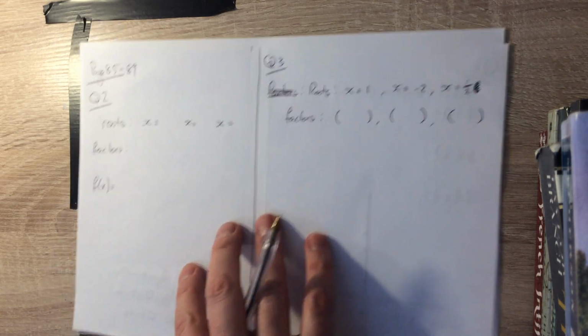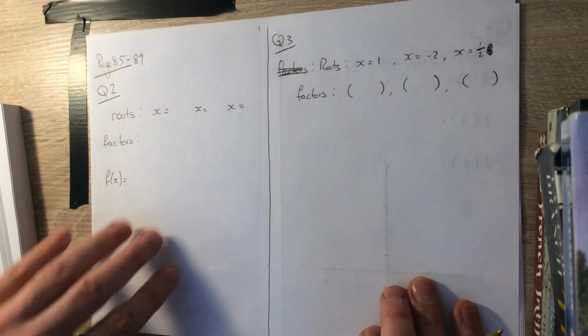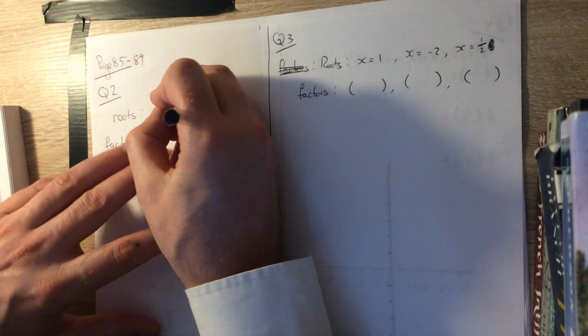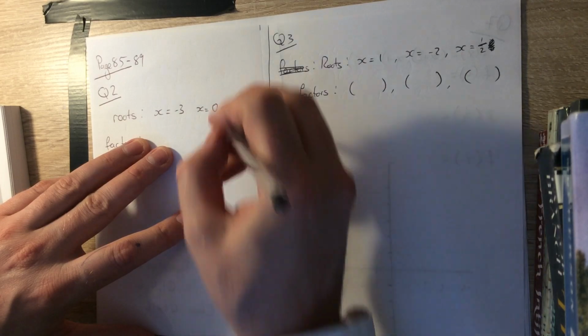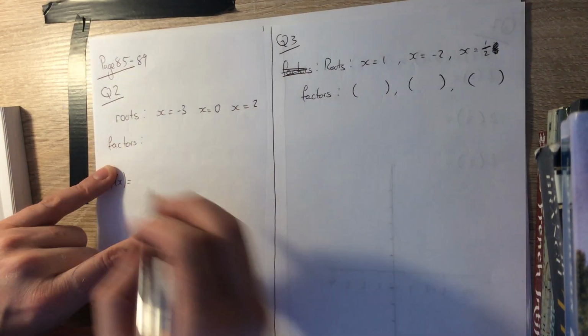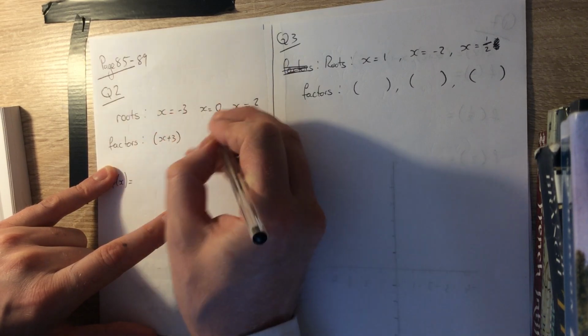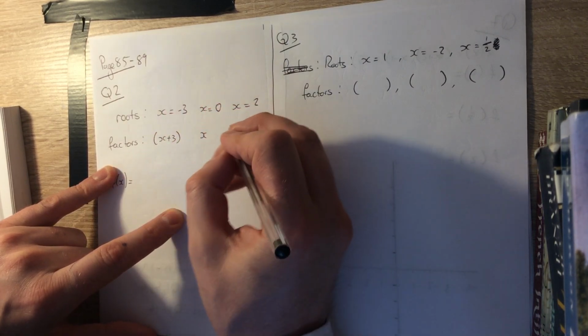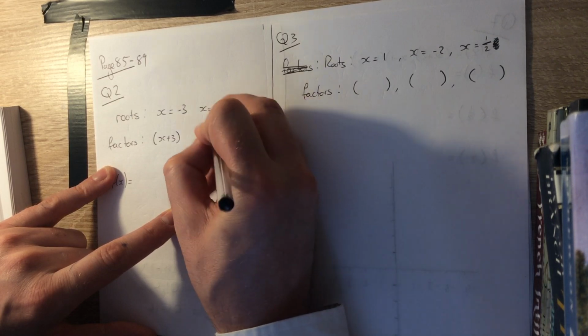So let's have a look at how we can write out the polynomial. Both of them, we said, have roots at -3, at 0, and at 2. And our factor theorem tells us that there must be a factor of x plus 3, a factor of just x, and a factor of x minus 2.